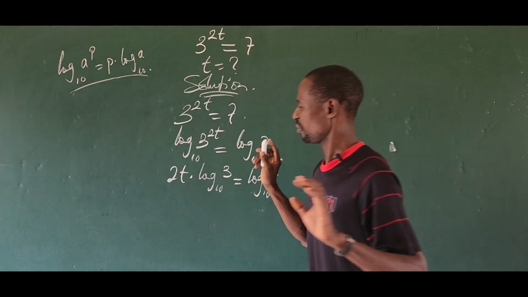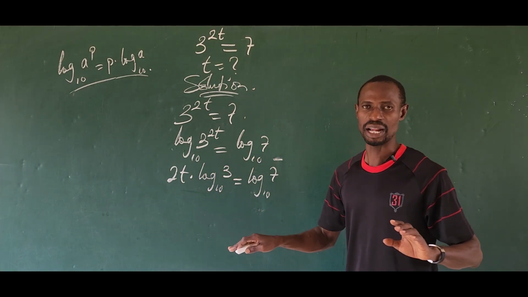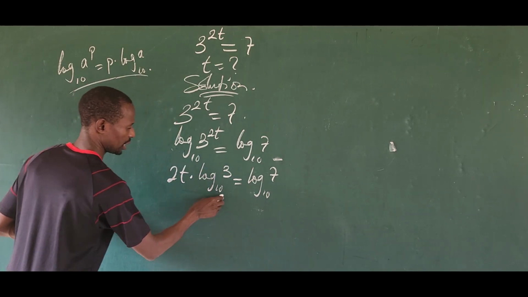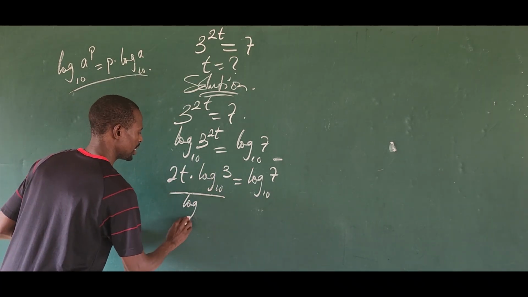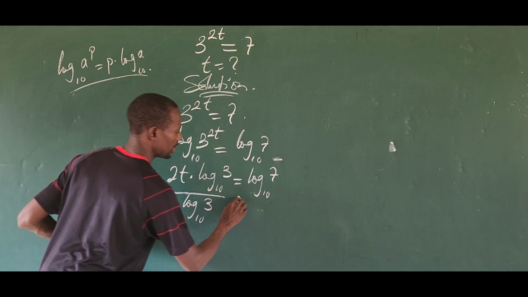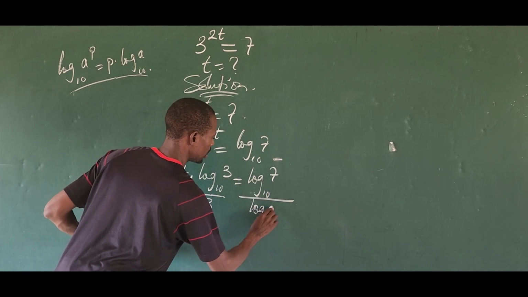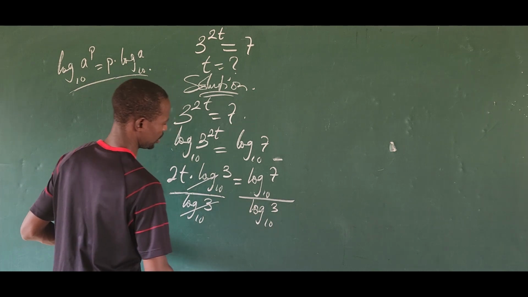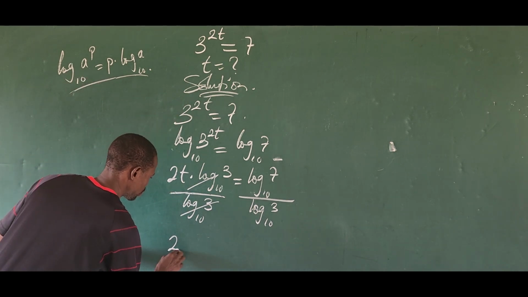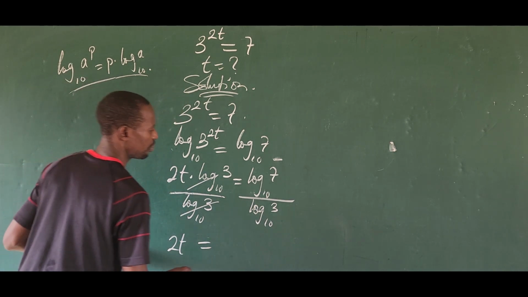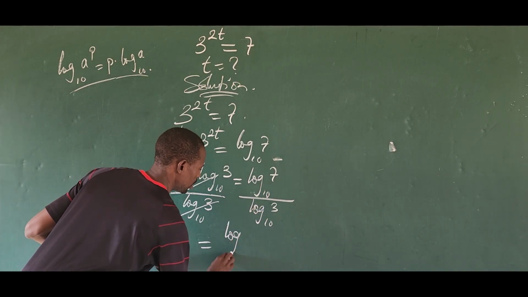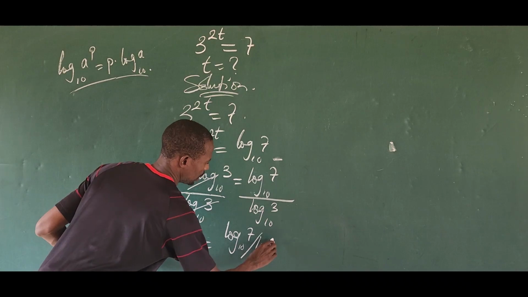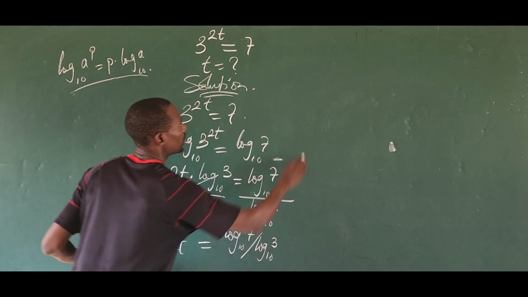Easy. Now, we're looking for t, so we quickly divide by log 3 base 10. Dividing both sides by log 3 base 10, this will leave us with 2t on the left-hand side equal to log 7 base 10 all over log 3 base 10.